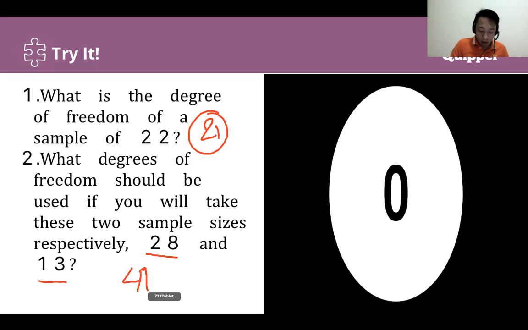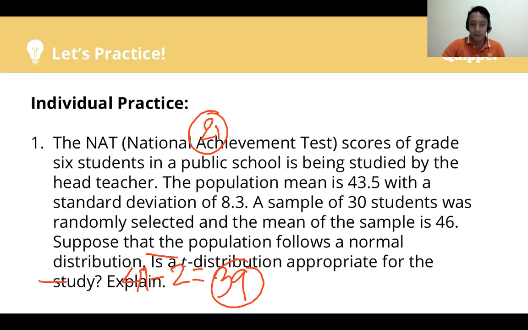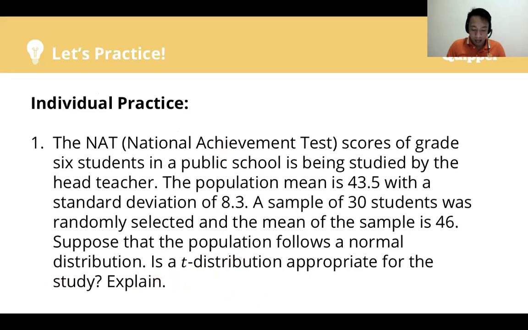Correct? So 41 minus 2, we have 39. So 39 will be the degrees of freedom for number 2. If you got it correctly, then you are right. But if you got it wrong, practice more.